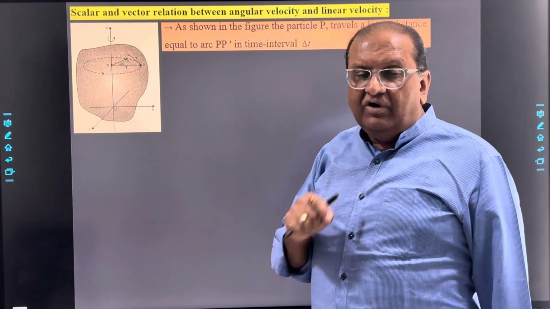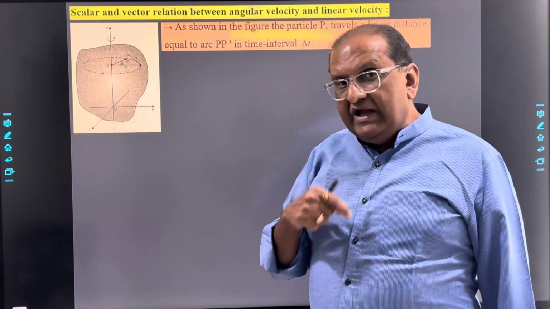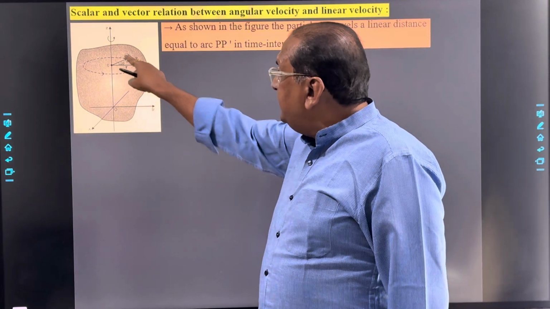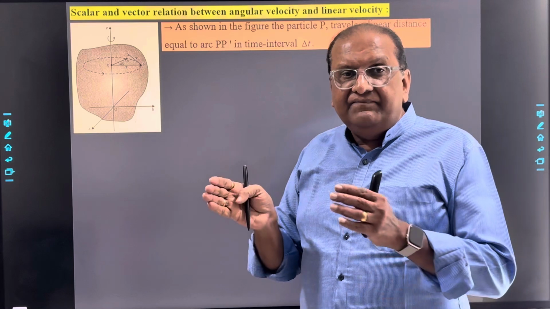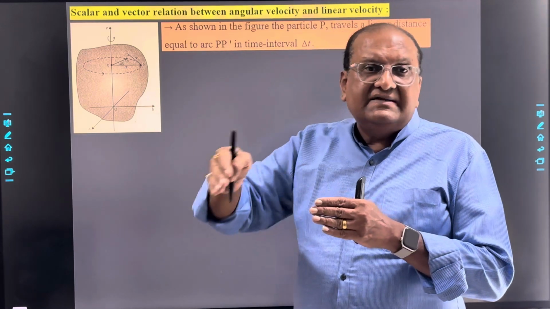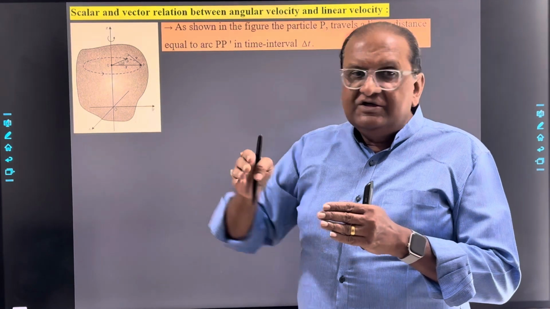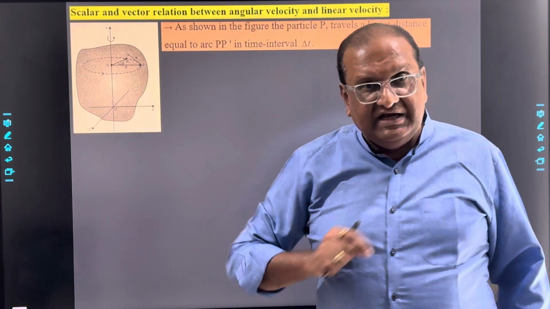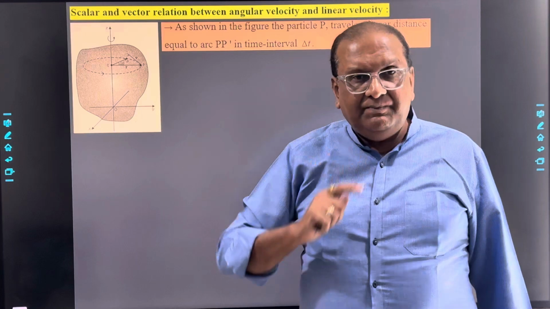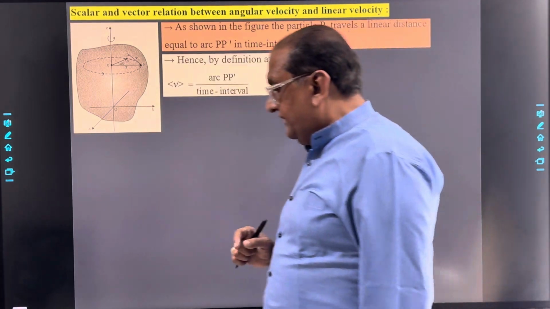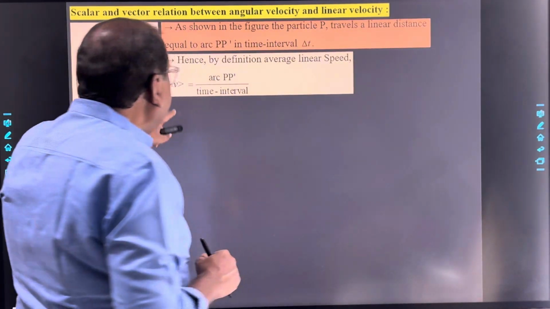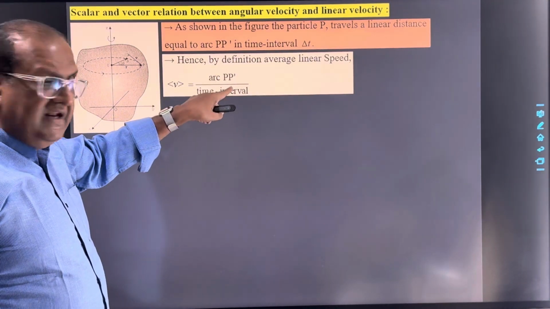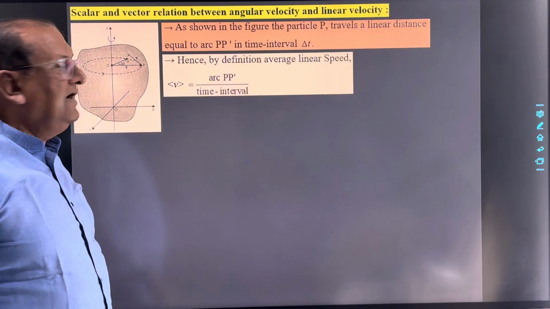But now here we want a linear speed also. So we have to think about linear displacement. When it is moved from P to P dash, it is executing circular motion. So we can say the linear displacement is arc PP dash. By definition, average linear speed is linear displacement arc PP dash upon time interval.